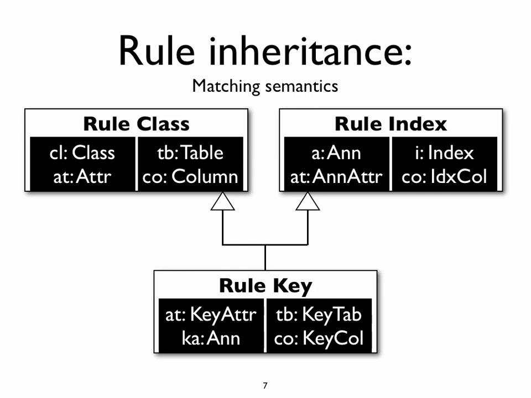Basically, that means that subrules, like this one here, will only match if there is a combined match of all the superrules and the subrule together. So the superrules have to match first. Also, if the same identifier is used for a certain input element, then all these identifiers must point to the actual same model element. So here we have AT, which occurs 3 times. When there's a combined match, this AT element must point to the same model element to produce a combined match.